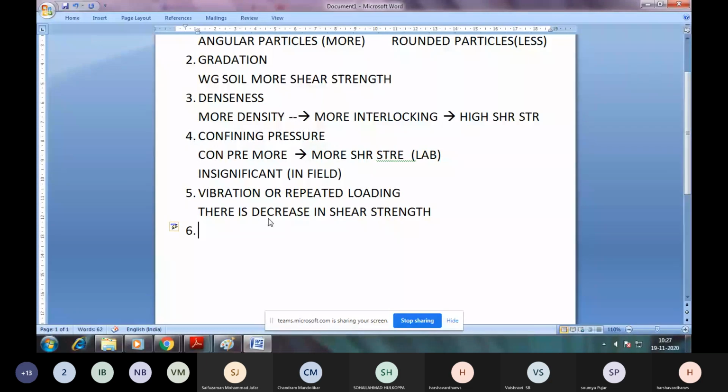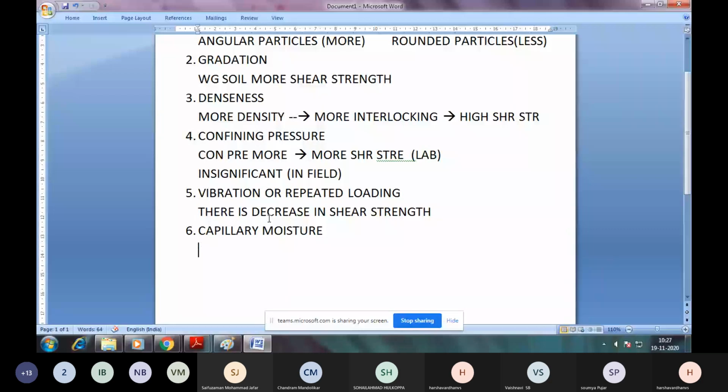The last factor that affects the shear strength is capillary moisture, or simply moisture content of the soil, or the saturation of the soil. Sand has a little cohesion, and if there is a little moisture present, that cohesion is destroyed. Also, if there is water present in the sand, it gives a lubrication effect, resulting in the decrease of the friction.